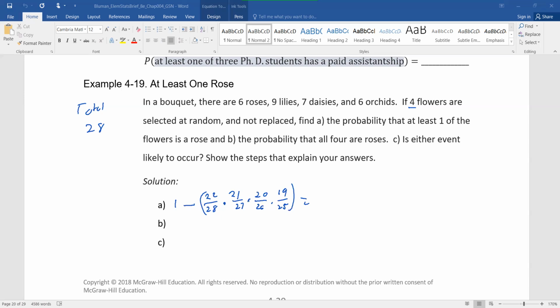All right, so that's going to be, what's the easiest way? Okay, I'm just going to do this one. 22 times 21 times 20 times 19. Oh, 28 times 27 times 26 times 25.